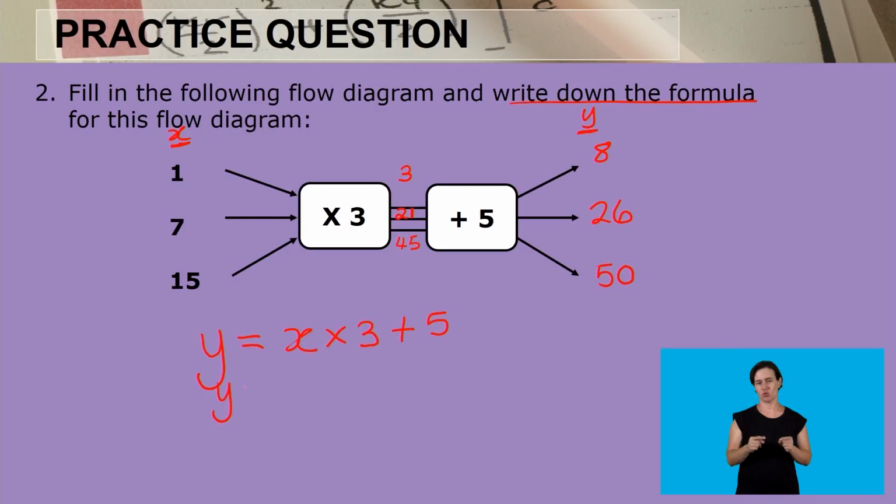And of course, we know that x multiplied by 3 is 3x. And then we added our 5. That's how we have found the formula of this flow diagram using symbols. Let's go on to the next question.